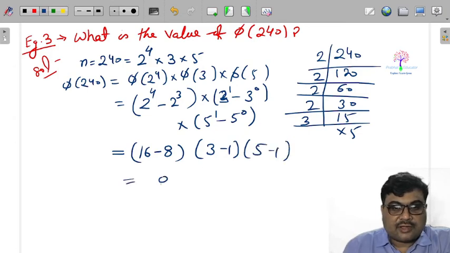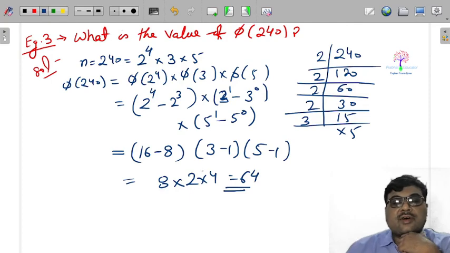What can you write? 8 multiplied by 2 multiplied by 4 is 64. It means there are 64 numbers that are relatively prime to 240.